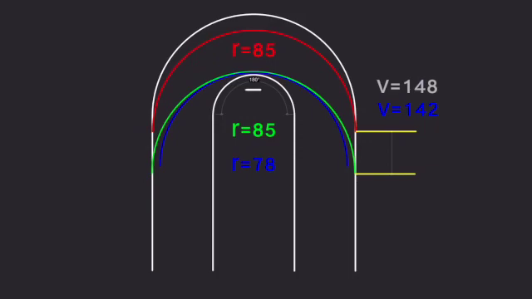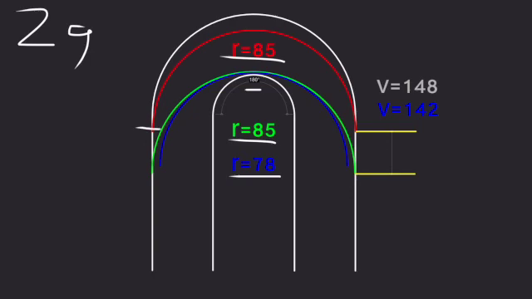In this example, we have one 180-degree hairpin that has three different radii, right? And we know that the car is pulling 2g of acceleration. Green and red are the same radius.